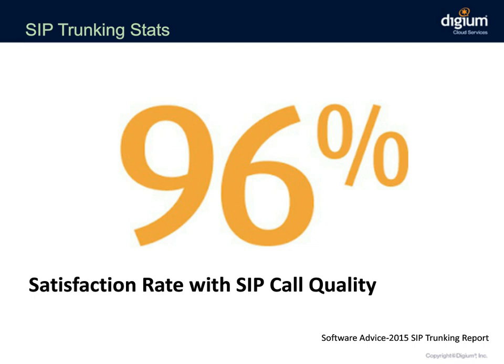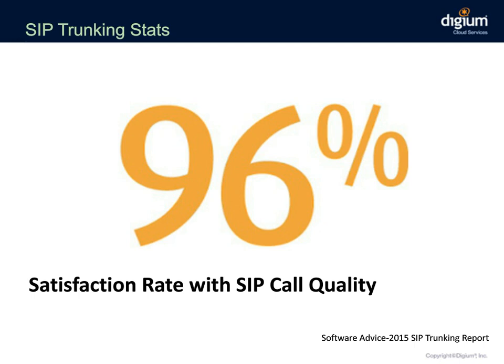And if you're familiar with the history of SIP trunking, one of the reasons that adoption rates were pretty slow back in the mid to late 2000s was that SIP trunking had a reputation for having substandard call quality. It was great, it saved you a lot of money, but you just were never really sure if the calls that you had were going to go through, and if they went through, that they were going to sound the same as you were used to with your T1 or analog connection.